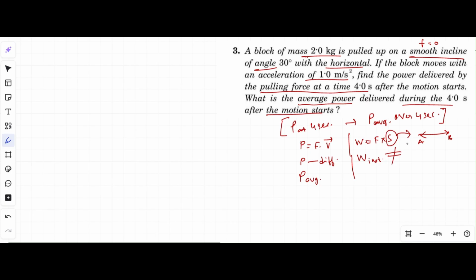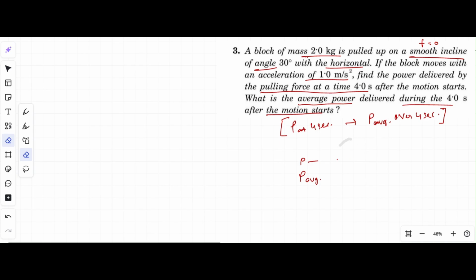Hence there is nothing known as instantaneous work done, but there will be instantaneous power based on the velocity at B. So this was one of the concepts we needed to understand to get over this question. Once we understood this, the problem becomes easy.